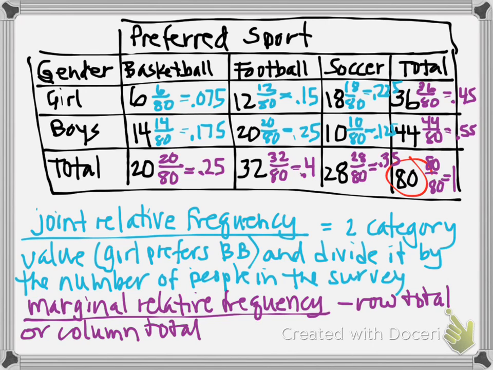Those would be column totals. Row totals, the number of girls in the survey, the number of boys in the survey, okay? So you take the row total or the column total and divide by the number of people, not hashtag, by the way, that's a number symbol, in the survey.